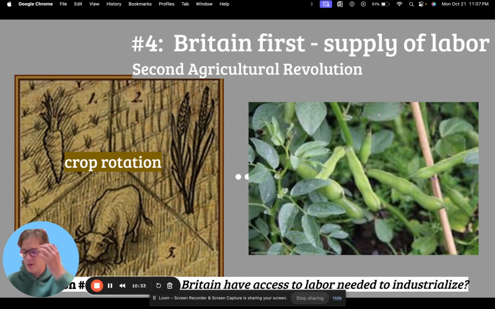Probably not, right? So eventually the soil became exhausted. And what this means is that you've drawn all these nutrients out of the soil, and so it loses its nutrients. When you continually repeat it, it goes away.